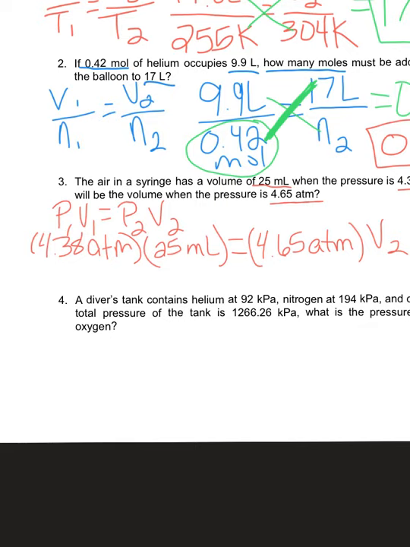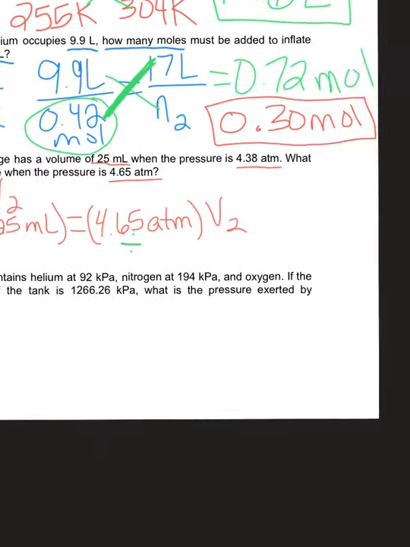So we're going to multiply 4.38 times 25 divided by 4.65. Okay, that's what we're doing. We're multiplying these two together, and then we're dividing it by that one. 4.38 times 25 divided by 4.65, we get 23.5.